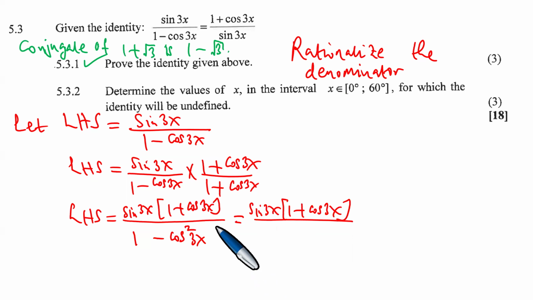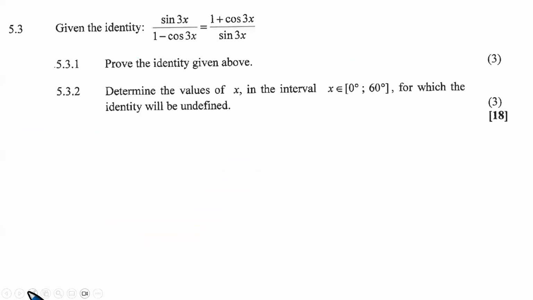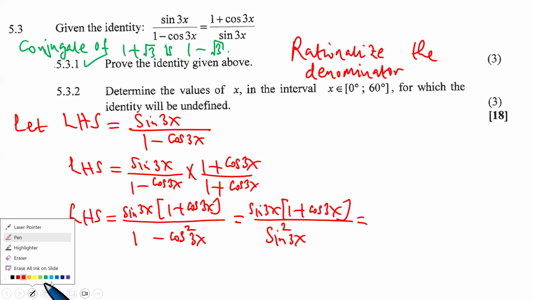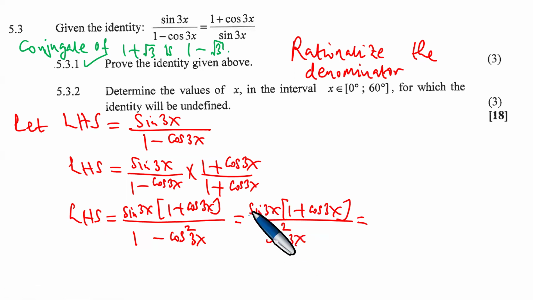Sine squared 3x. Well done, that's correct. Now, if it is sine squared 3x, this one is going to cancel one factor, giving us 1, because sine squared is like sine 3x times sine 3x.